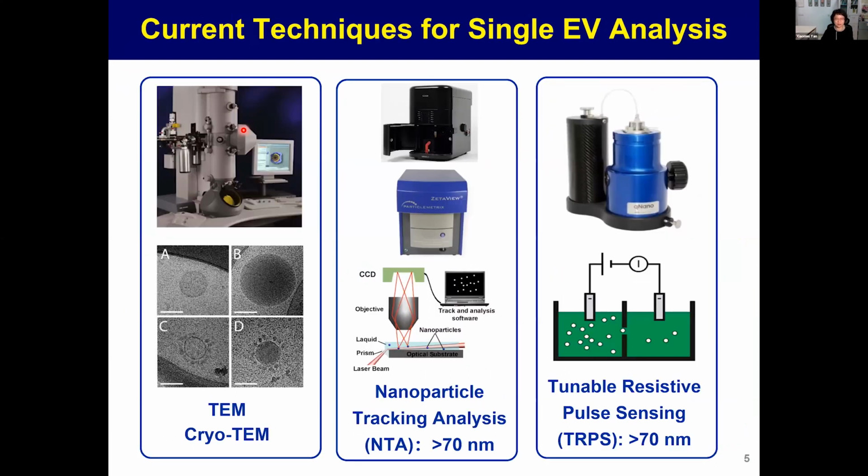Normally cryo-TEM or TEM and NTA and tunable resistive pulsing techniques are used for single EV analysis, but none of them can reveal the biochemical properties of EVs. And also for NTA and the nanopore techniques, they can hardly detect EVs smaller than 70 nanometer.